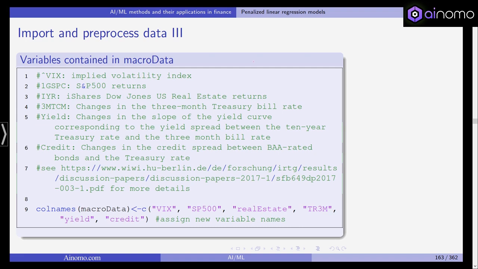So implied volatility index, this is the volatility index on the S&P 500, the S&P 500 itself, the iShares Dow Jones US Real Estate Return Index, and then the yield, the slope of the yield curve corresponding to the spread between the 10-year Treasury rate and the 3-month T-bill rate, and last but not least, the changes in the credit spread between BAA-rated bonds and the Treasury rate. So this is a credit spread.